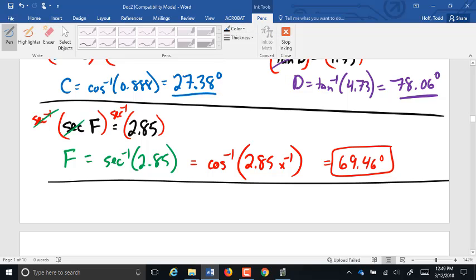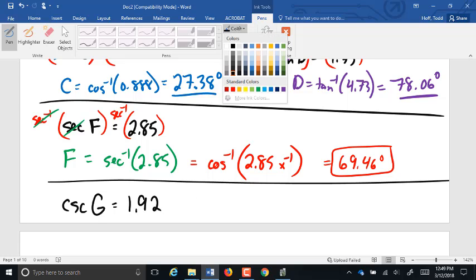So let's see if you can figure this one out. If the cosecant of angle G equals 1.92, how do you find G?